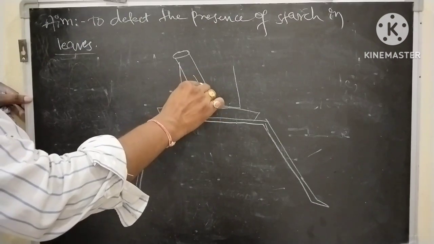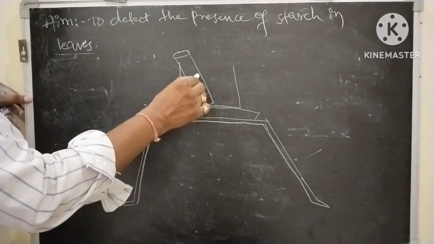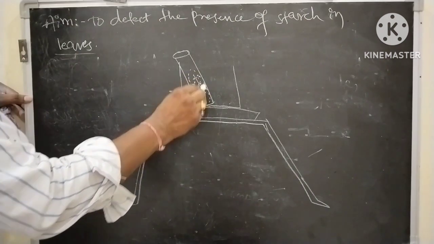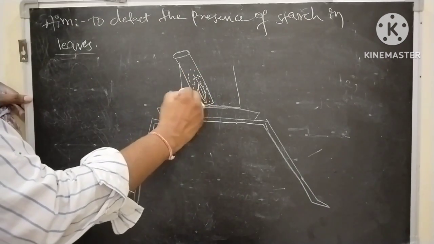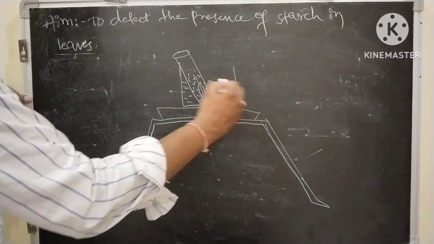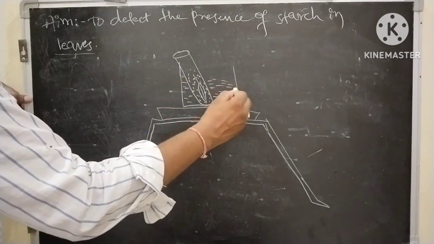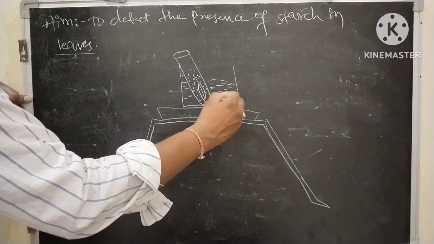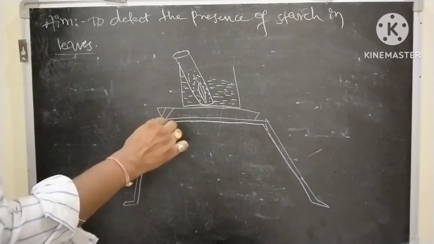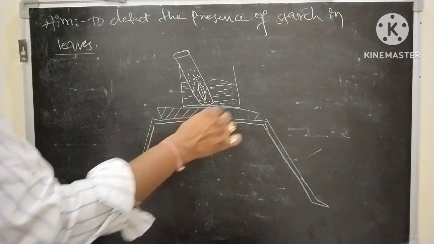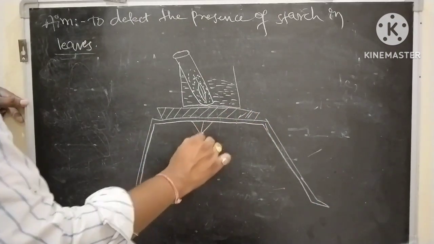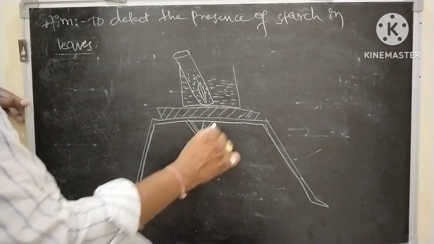In this boiling tube, place the leaf and pour methylated spirit, and here water. The water must be taken such that the boiling tube does not sink in the beaker containing water. Next, this is the asbestos gauze, and this is the Bunsen burner.